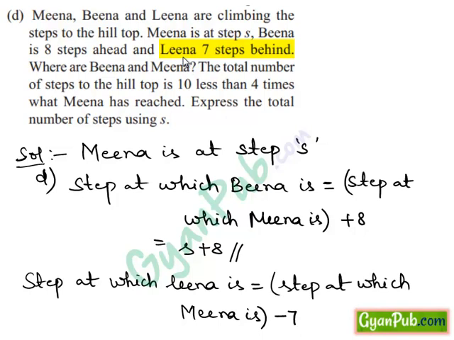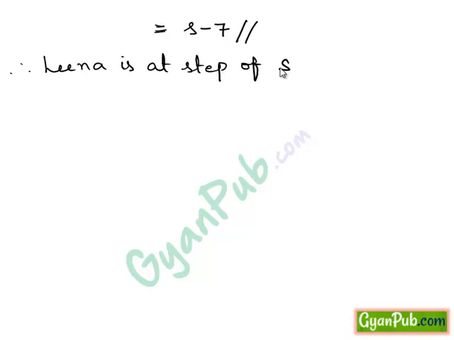Since Leena is 7 steps behind Meena, we subtract 7 from the step at which Meena is, which is S minus 7. Therefore, Leena is at step S minus 7.